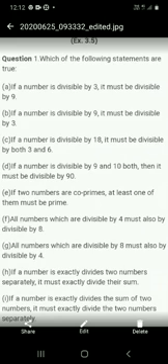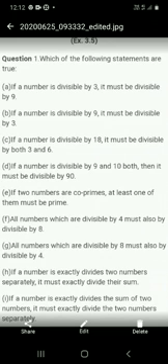Question number 2. If a number is divisible by 9, it must be divisible by 3. True. Question C. If a number is divisible by 18, it must be divisible by both 3 and 6. Your answer is true. Part D, if a number is divisible by 9 and 10 both, then it must be divisible by 90.